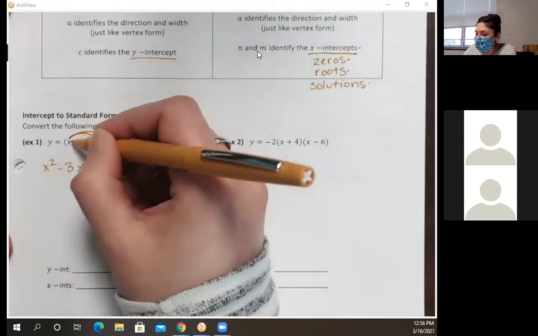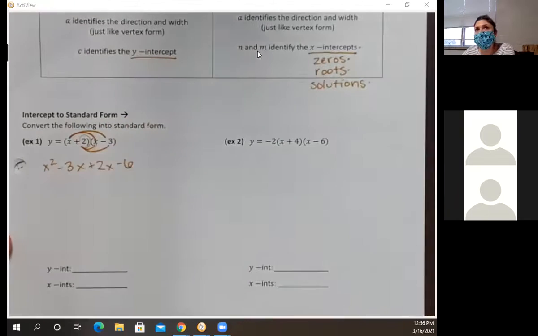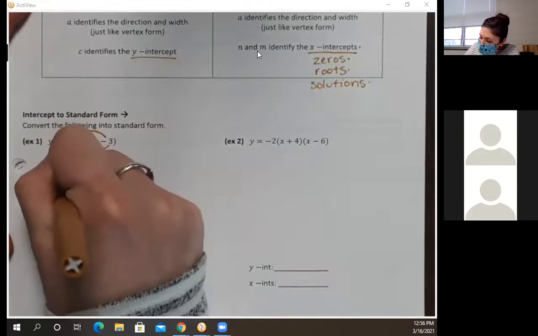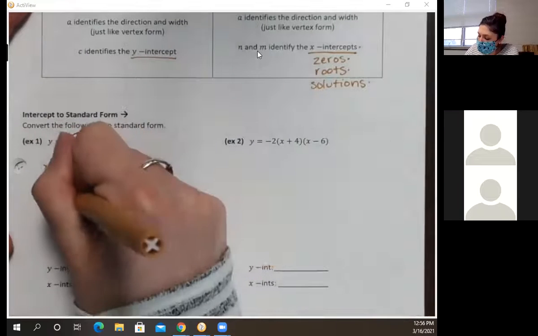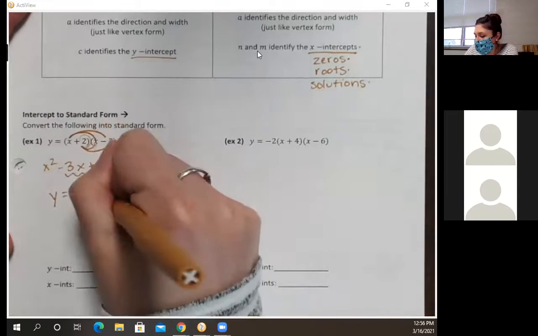Okay, so everything in here gets multiplied by everything in here. And make sure I distribute completely. And then for standard form, I need to combine like terms. So my standard form function would be y equals x squared minus 1x minus 6.